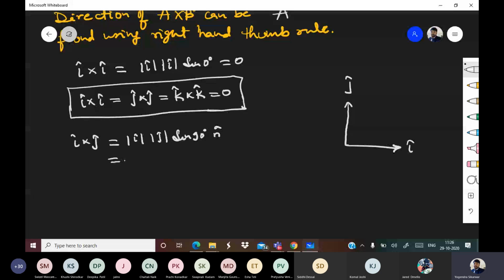Now what is this n cap? This is along which direction? Pay attention everyone. Stretch your right palm in the direction of i cap, then k. Understood?